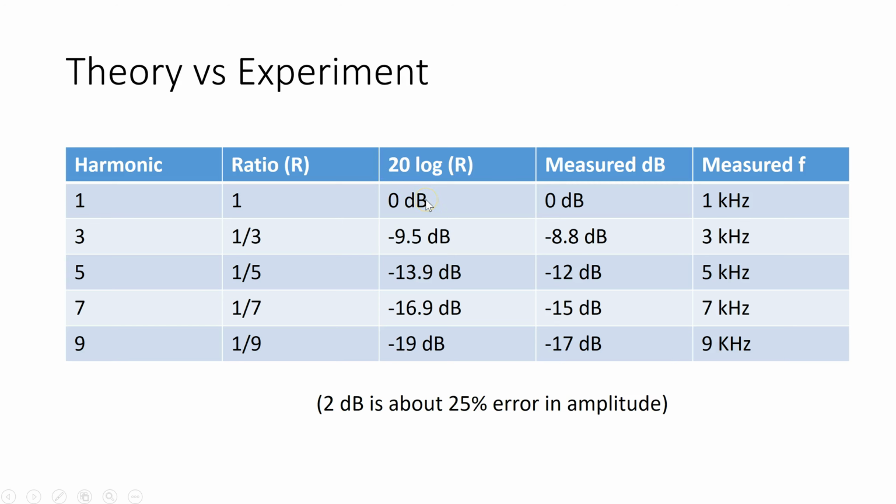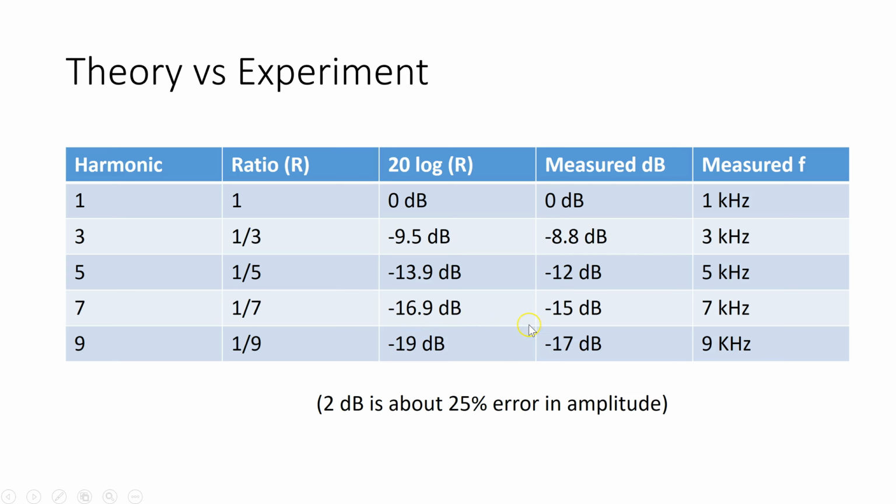So of course this is 0, that's where our fiducial line went when we made our measurements onto the first component in the Fourier spectrum. Then 1/3 would correspond on that scale to -9.5 decibels, 1/5 to -13.9, then minus 16.9 for a 7th, and then minus 19 for a 9th.